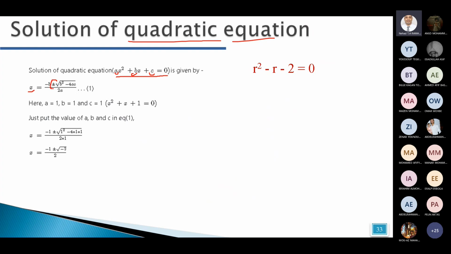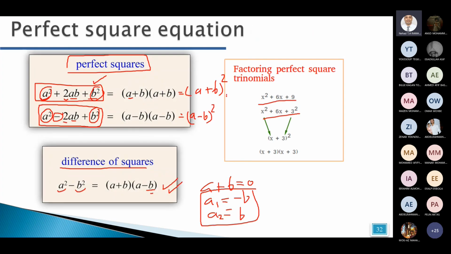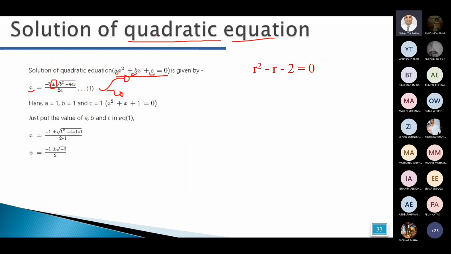Look here, we have a plus or minus. This means we will have two different solutions, one when it's plus and one when it's minus. So we have two different solutions for a quadratic equation if it's not a perfect square. If it's a perfect square, we have only one solution. If it's not a perfect square, if it's a difference of squares or any other quadratic equation, you will have two solutions.